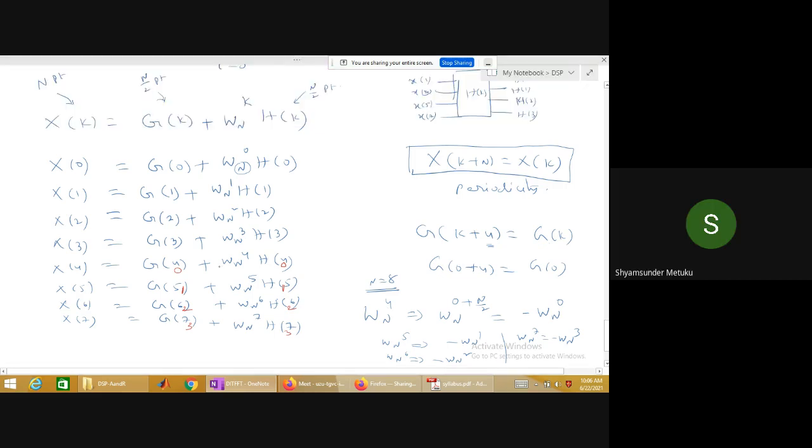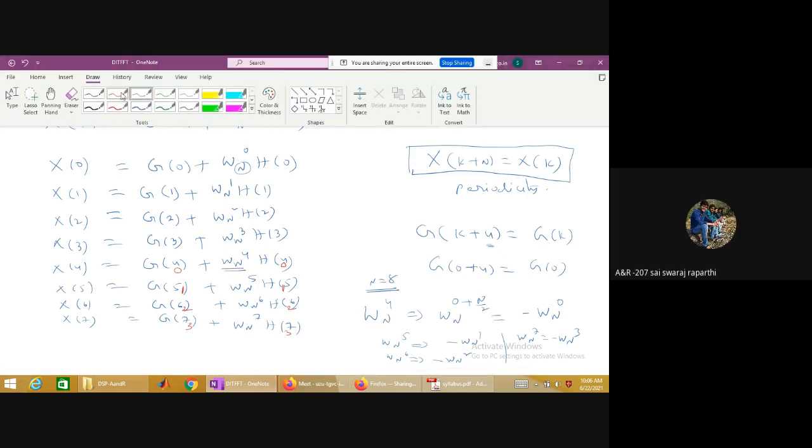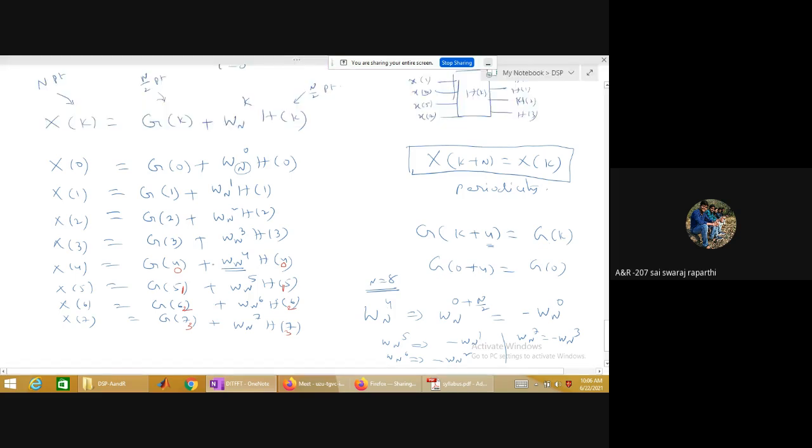This whole thing can be written as minus W_N to the power of 1.